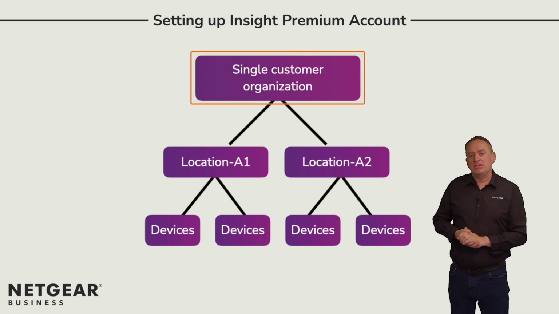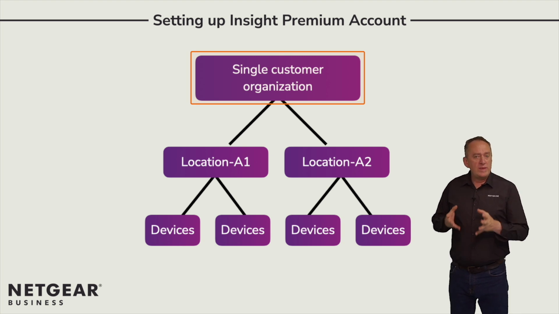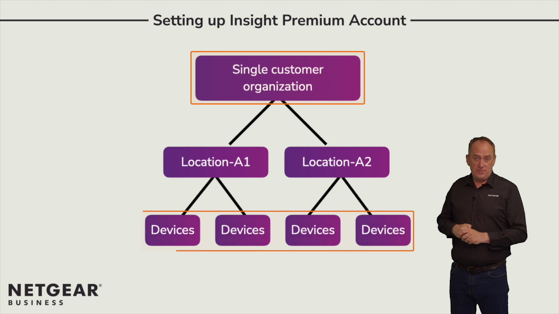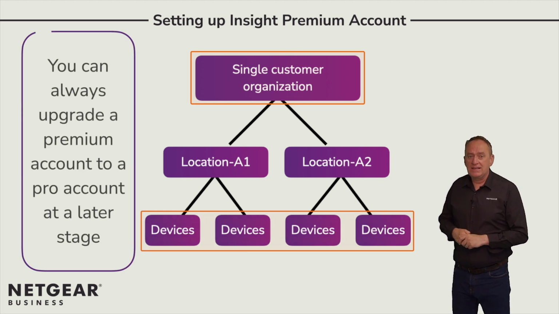The steps to set up an Insight Premium account are very much the same as Insight Pro, without the option to select organisation within the hierarchy level due to Premium only applying to a single organisation. Furthermore, there are fewer additional advanced features, such as the option to group devices available to you. However, you can always upgrade a Premium account to a Pro account at a later stage if you need to activate these extra functions.